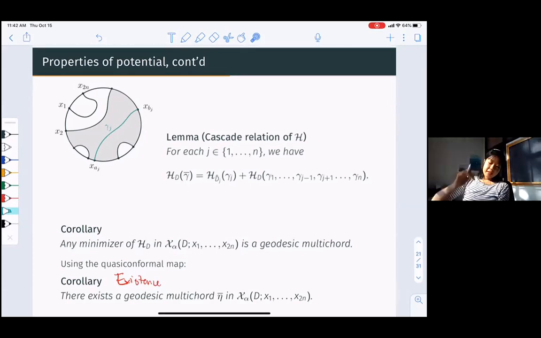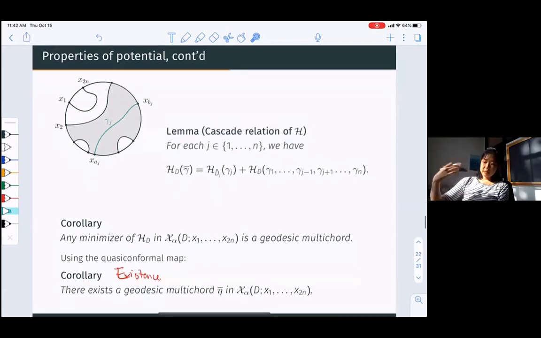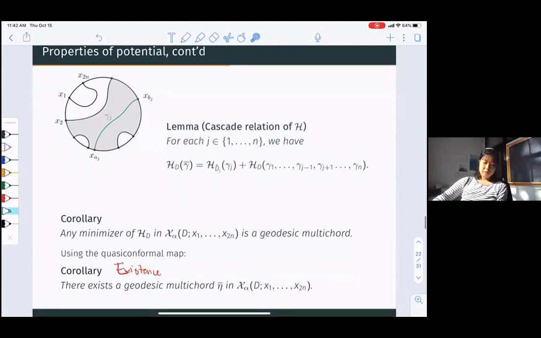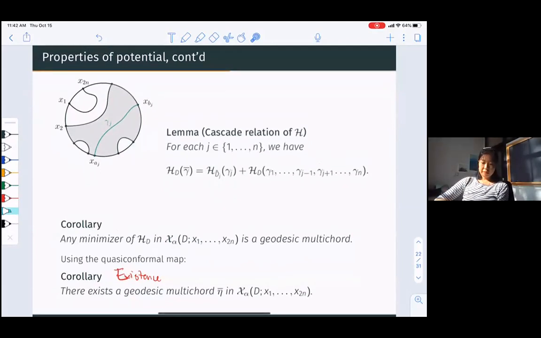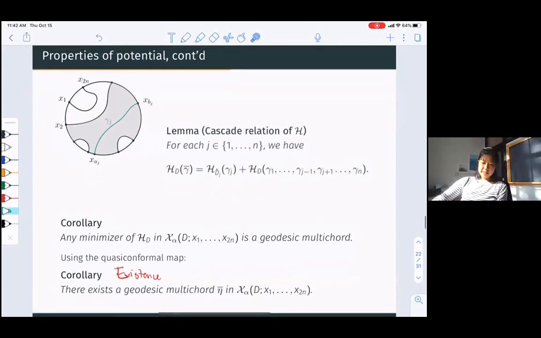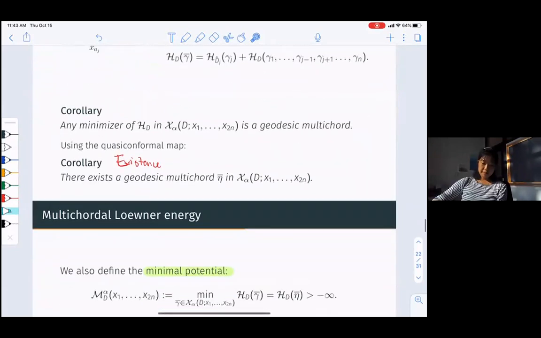All right, and to show that we use some machinery from quasiconformal mapping by studying this Loewner potential. Essentially, quasiconformal maps are used only for giving you a capacity result.